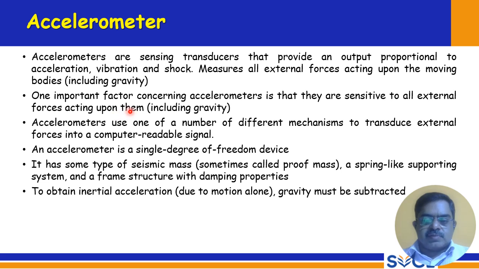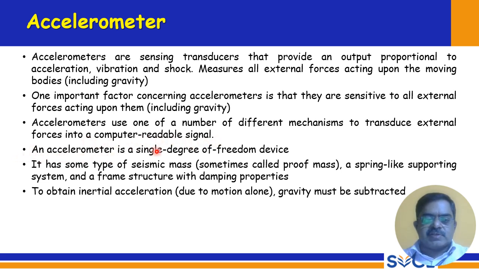So that includes gravity, and that is another drawback here. It is very sensitive to all those forces. Accelerometers use one of a number of different mechanisms to reduce external forces into a computer readable signal.